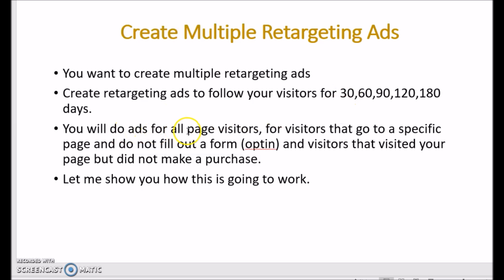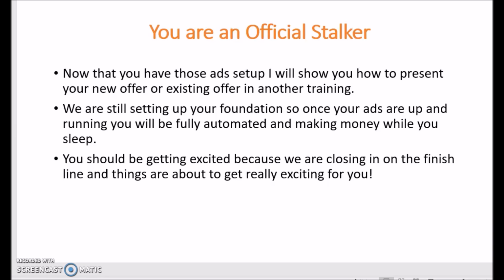And you will do ads for all page visitors. You're going to do ads for visitors that go onto a specific page and do not fill out a form or opt in. And you're also going to be doing an ad for visitors that visited your page but did not make a purchase. All right, so that has been completed. So now you are officially a stalker.